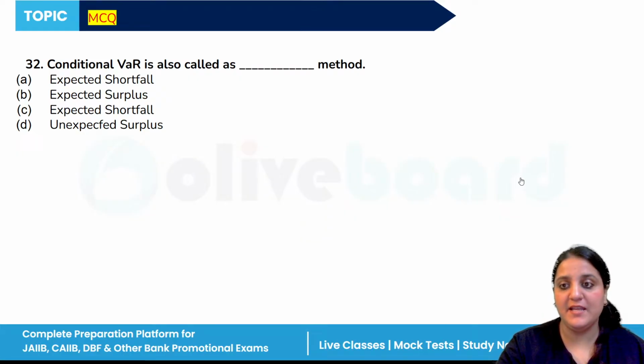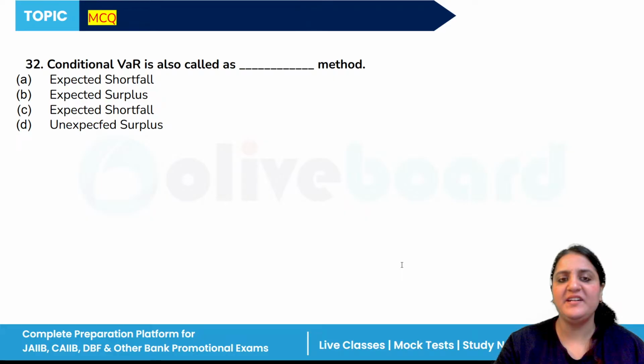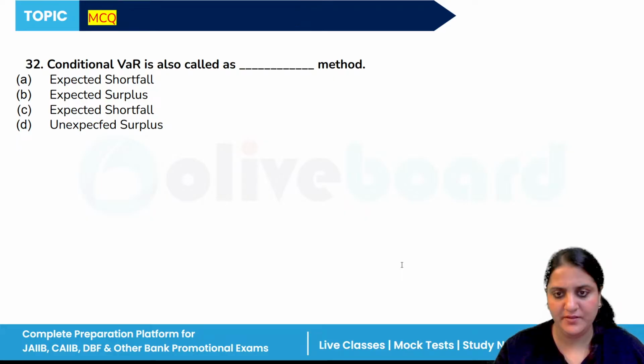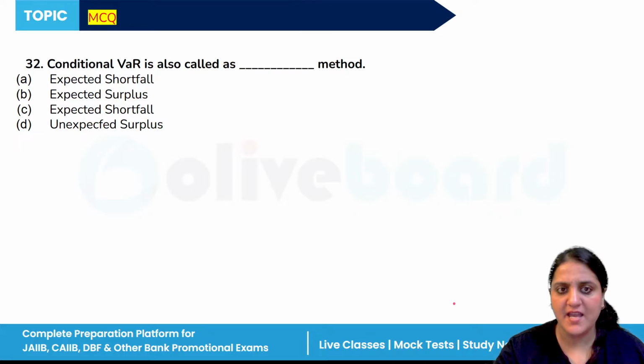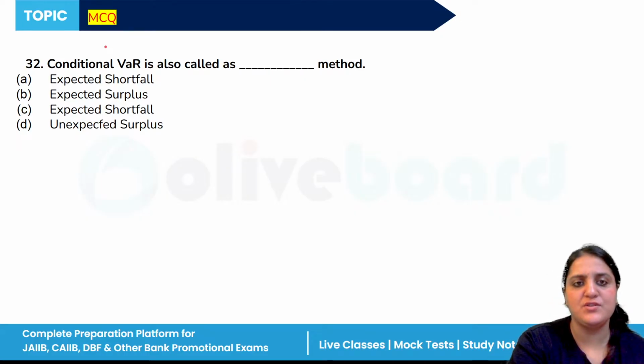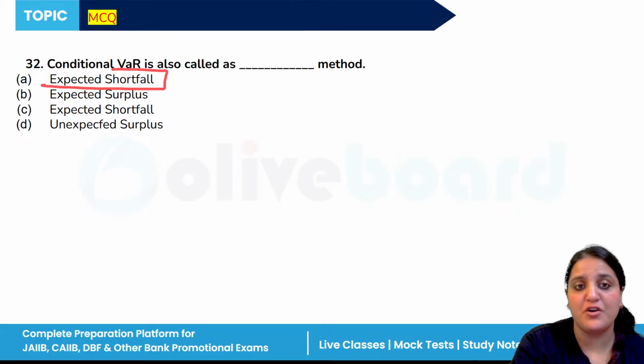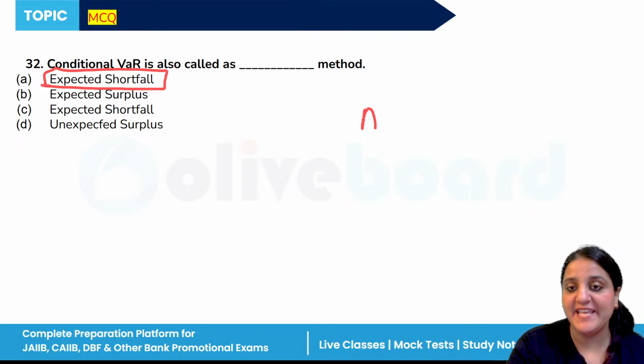And that is basically a type of measure that quantifies extreme losses in a portfolio. So we can say that it is also called expected shortfall. Option A is correct.